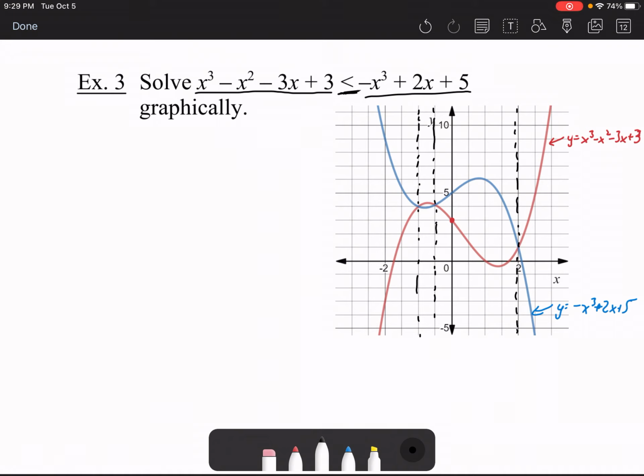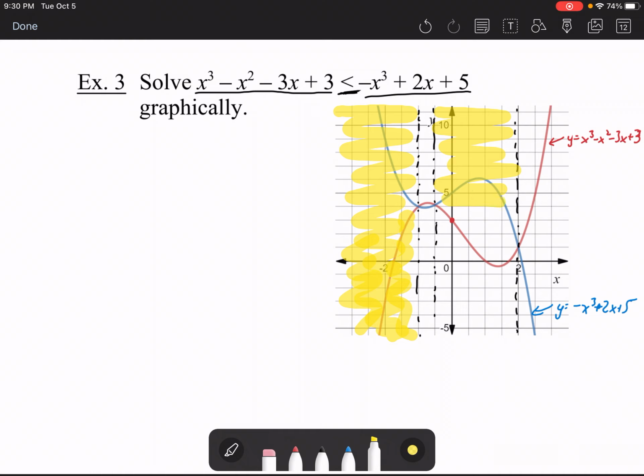Now, find where the red function is lower than the blue function. I'm going to highlight those areas. This area is where the red function is lower than the blue function.